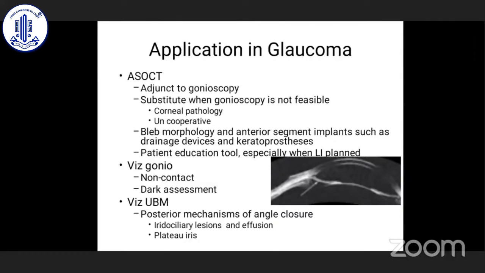Compared to gonioscopy, yes, they are non-contact. Anterior segment OCT is non-contact. UBM still needs contact. And for the special applications, please look at the last two lines of the slide. The special applications where UBM is mighty useful are ciliary effusions, like we are getting a lot of these cases now in drug-induced glaucoma.